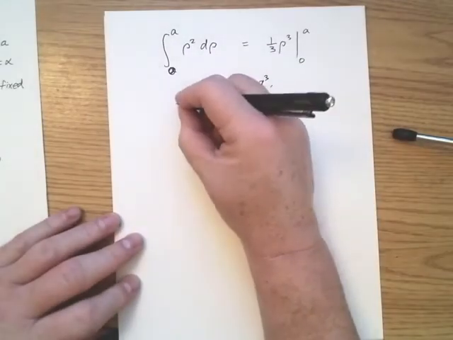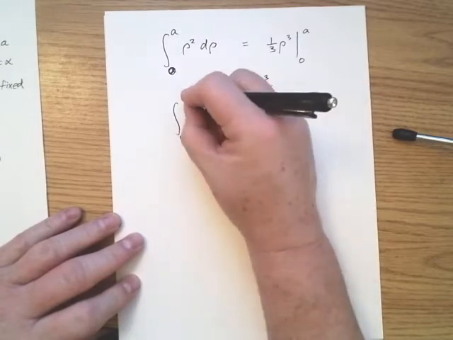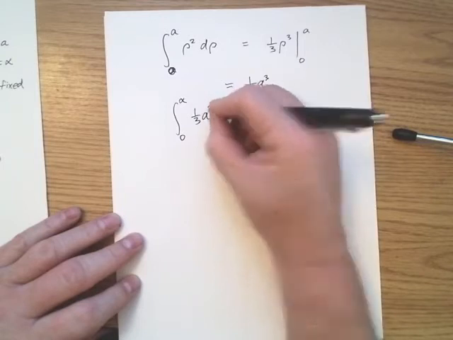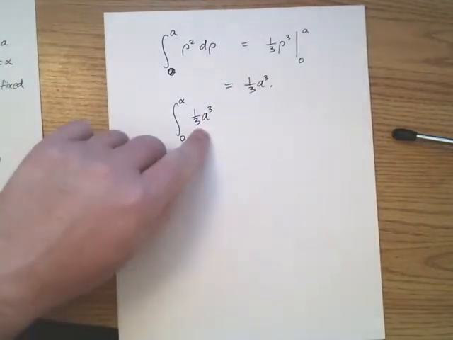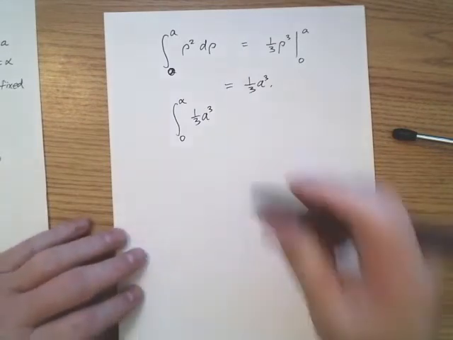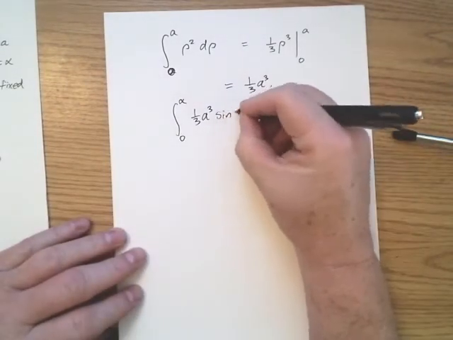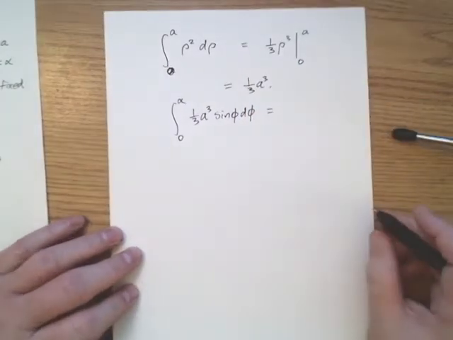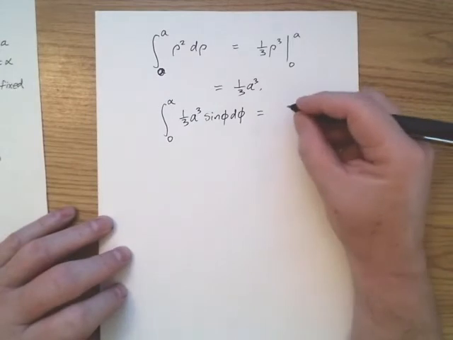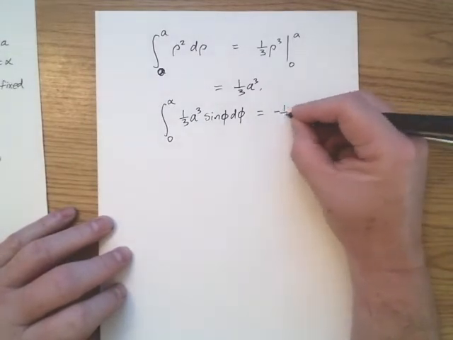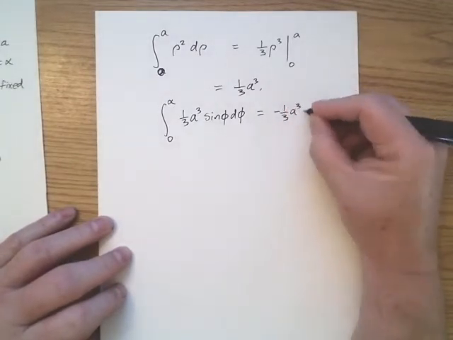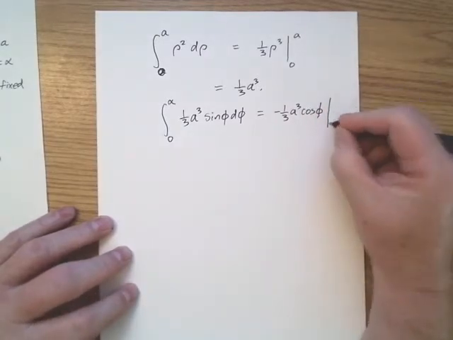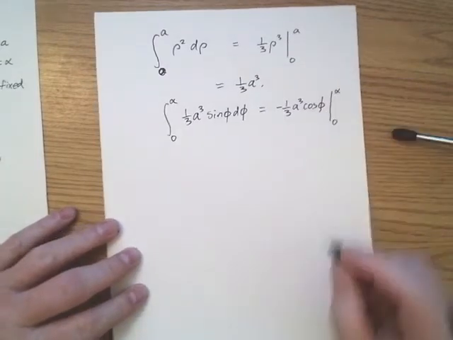Okay. And then for the second integral, we'd be going from 0 to alpha, 1/3 A cubed. I could put this outside everything since A is a constant, but I guess I'll leave it. And then what? Integrating sine phi d phi. The integral of the sine of phi again is what? Negative cosine. So we get negative 1/3 A cubed cosine phi, and that's going from 0 to alpha.